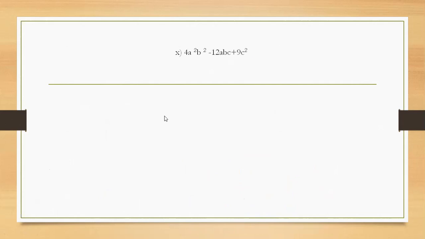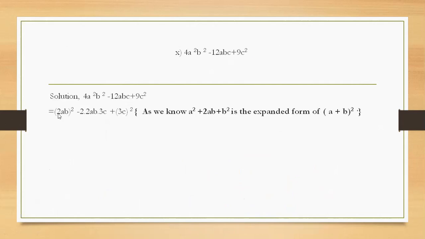This also we have to use the same way. First make a square, then last b square, and in the middle make 2ab. Then this is in the formula of a minus b whole square. Here a means 2ab, b means 3c. 2ab minus 3c whole square, that means 2ab minus 3c, 2ab minus 3c. There are two factors. Okay, children?